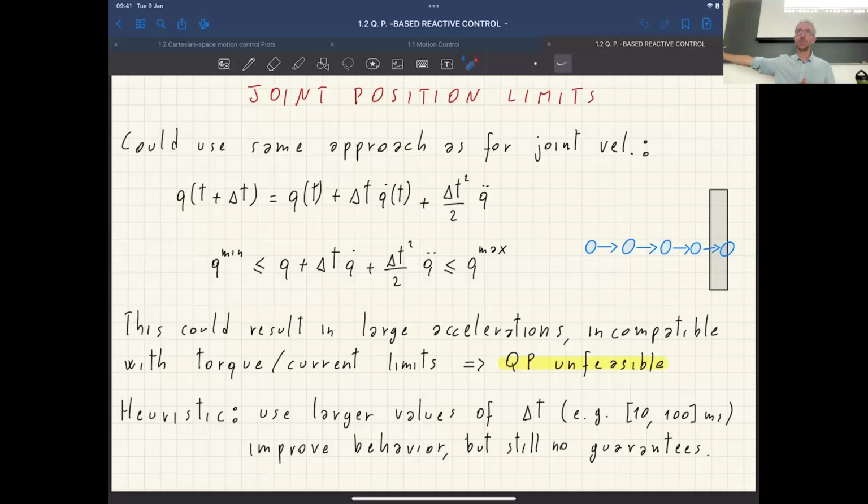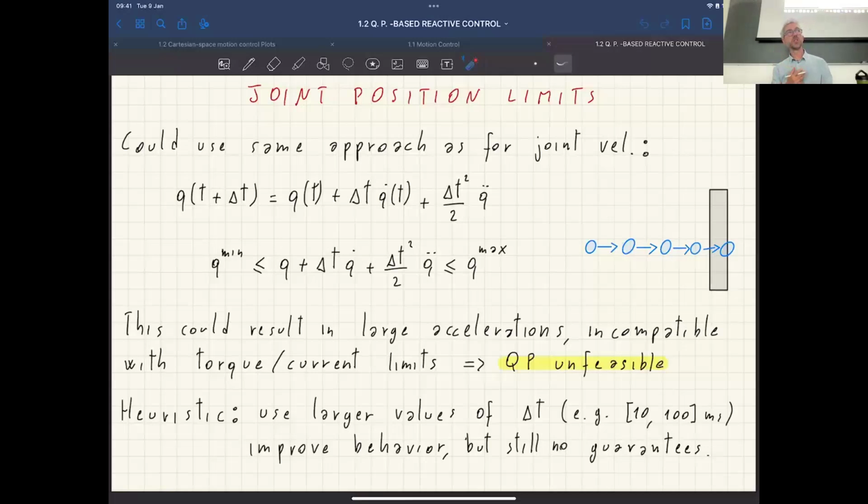I cannot bend my elbow or extend my elbow more than this. So ideally, I would also like to account for that physical limitation inside my controller, because if I don't, then my controller could end up making the joint hit the joint stop, which could damage it physically.